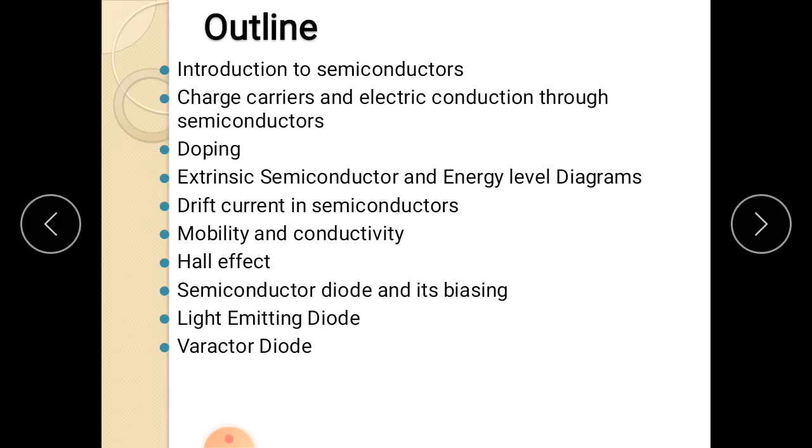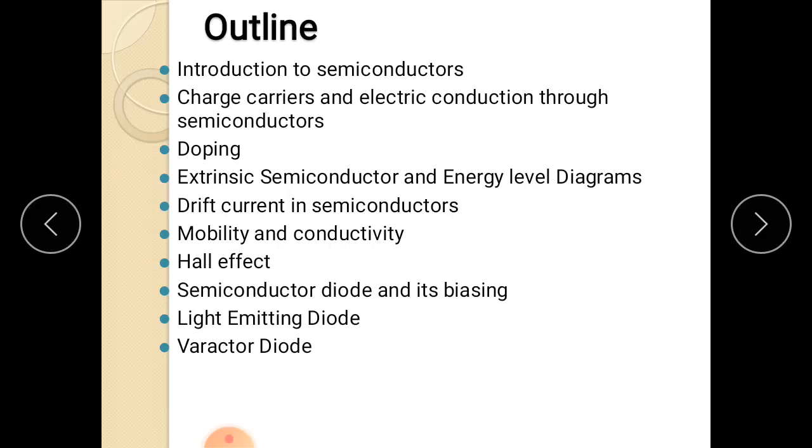Extrinsic semiconductor and energy level diagrams. What is extrinsic semiconductor and their energy level diagrams we will study. What is drift current in semiconductor? What is mobility and conductivity in semiconductors? What is Hall effect in semiconductor? Semiconducting diodes and its biasing.